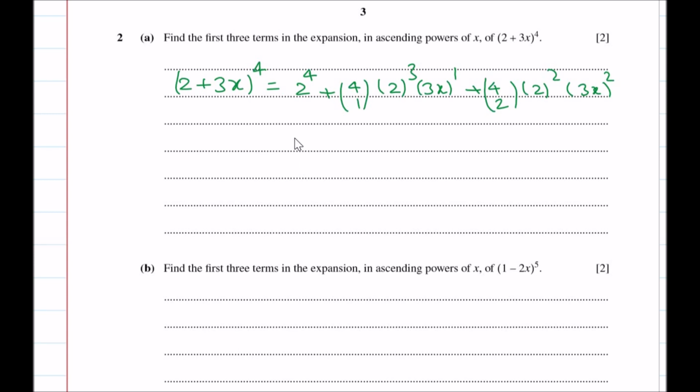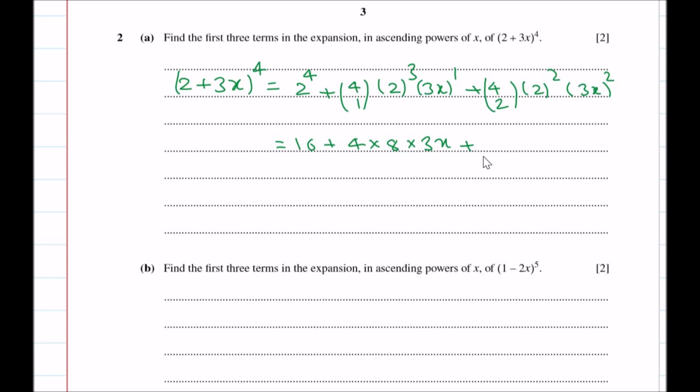Now we just need to simplify this. So 2 power 4 is 16, plus 4C1, that is 4, into 2 cube is 8, into 3x power 1 means 3x, right?